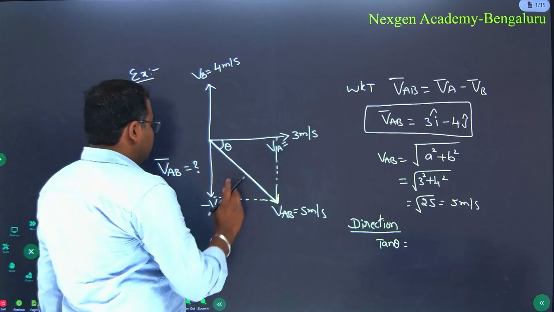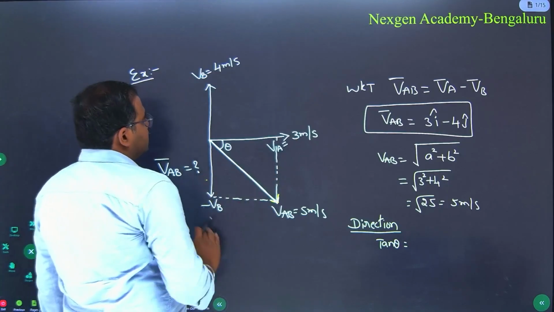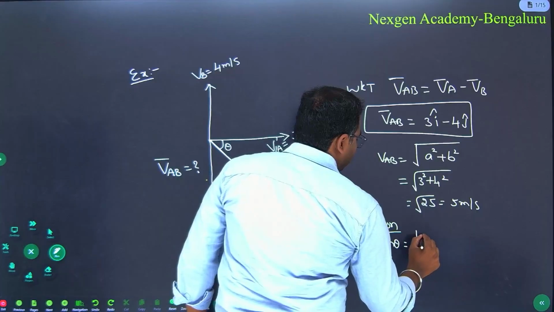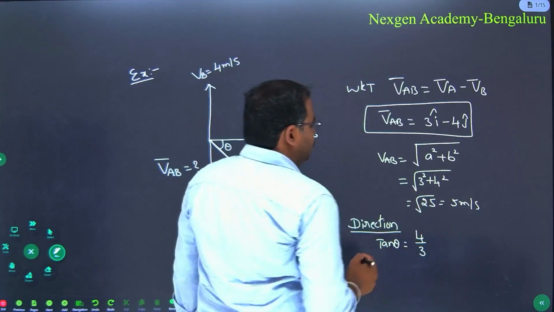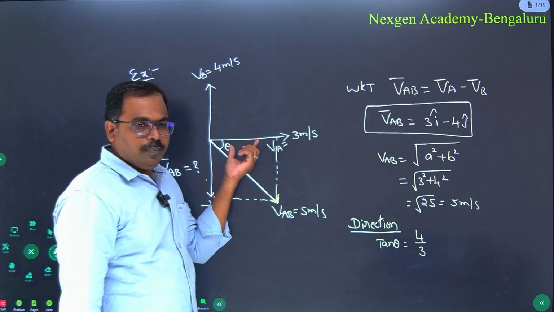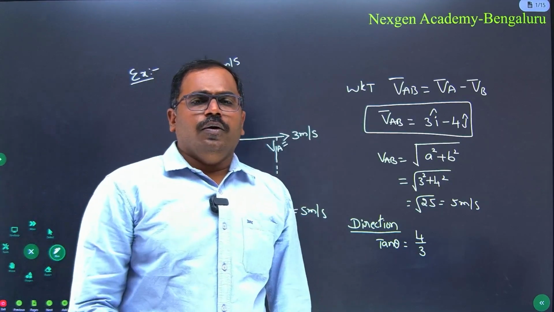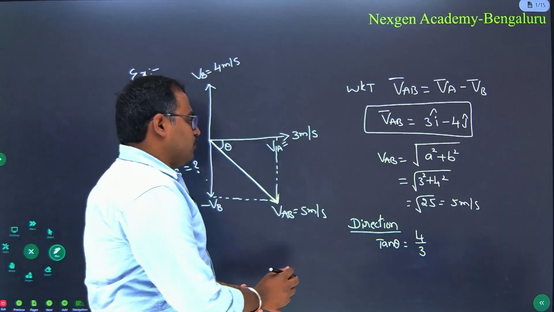Theta's opposite side is this one. Magnitude wise these two are the same, so you can write 4 by 3. The adjacent side is 3. Tan theta is equal to 4 by 3, which means we can find the theta value.